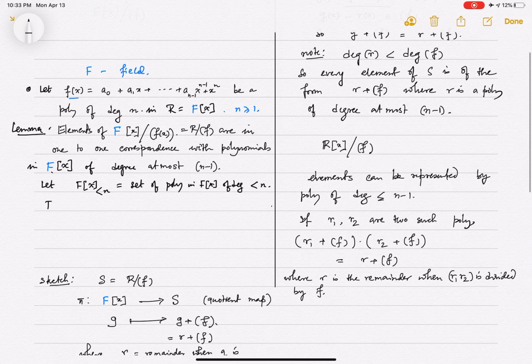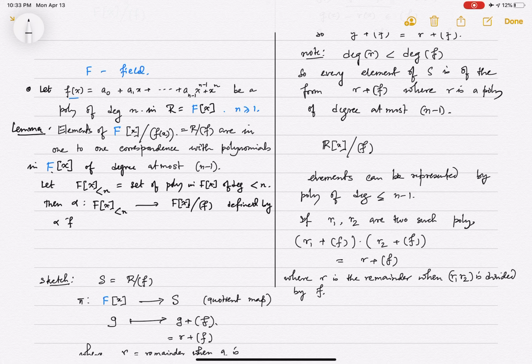Then define a map from this subset of F[x] to this quotient, call it alpha or something.